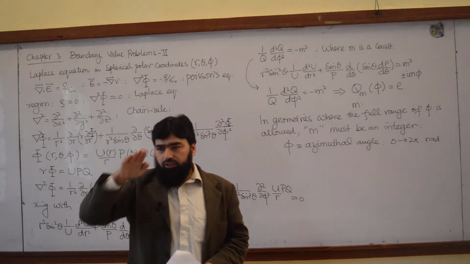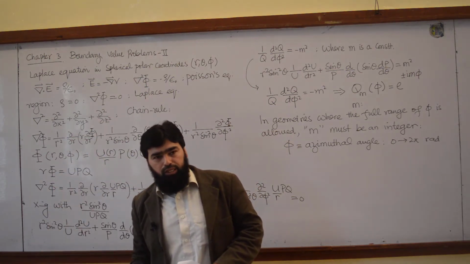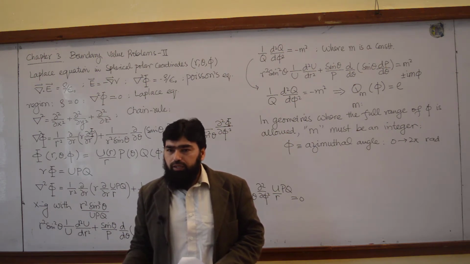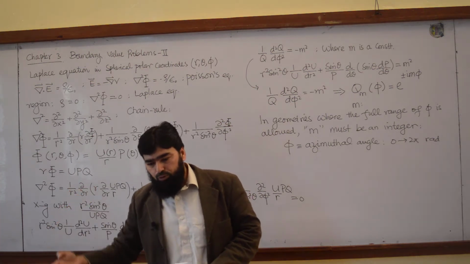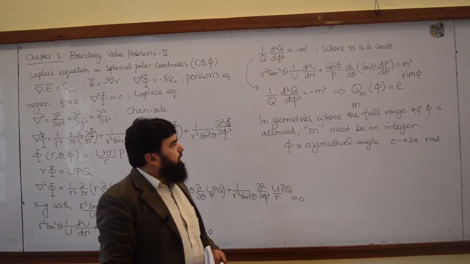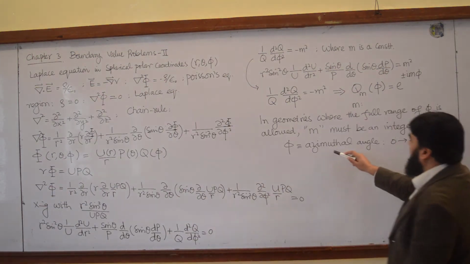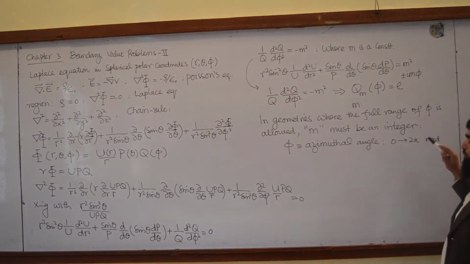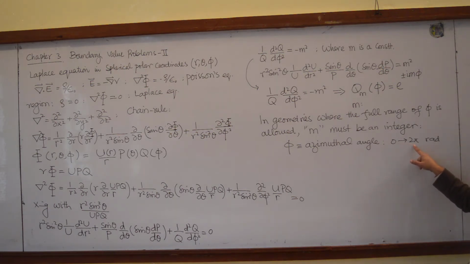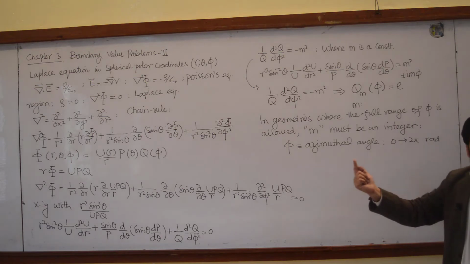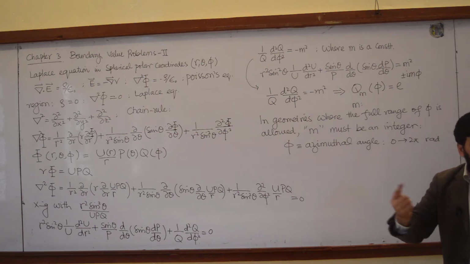The zenith angle goes from the z axis to the minus z axis, ranging from 0 to pi by 2 first, the positive quadrant, and then from pi by 2 to pi. So the range of theta is from 0 to pi, while the range of phi, the azimuthal angle, is from 0 to 2 pi. 0 to 2 pi means from 0 to 360 degrees. So there will be some value of potential at all the angles.